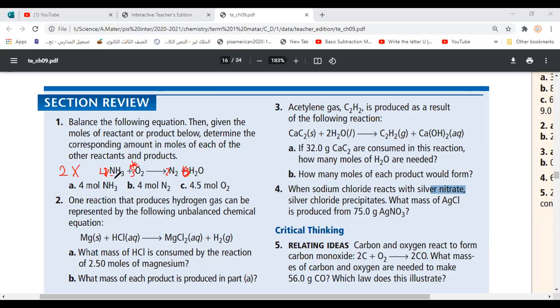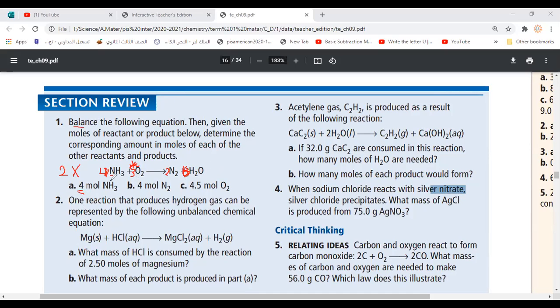So 4NH3 plus 3O2 yields 2N2 plus 6H2O. Good, Hassan. So the first part we did, we balanced already the chemical equation. Then let's find here, if we have 4 mole of ammonia, NH3, how many moles of oxygen we're gonna have?